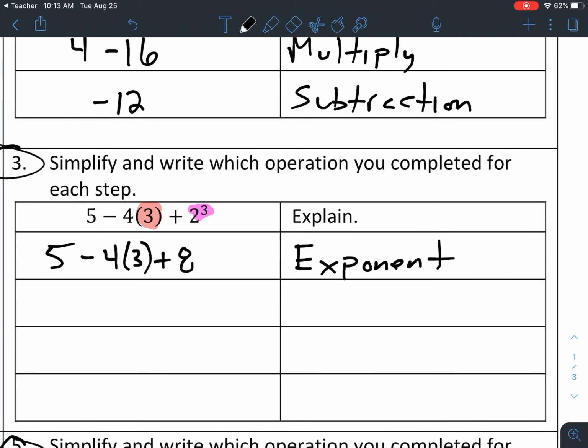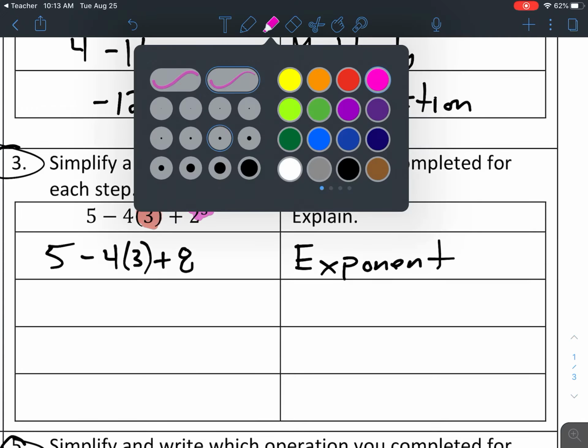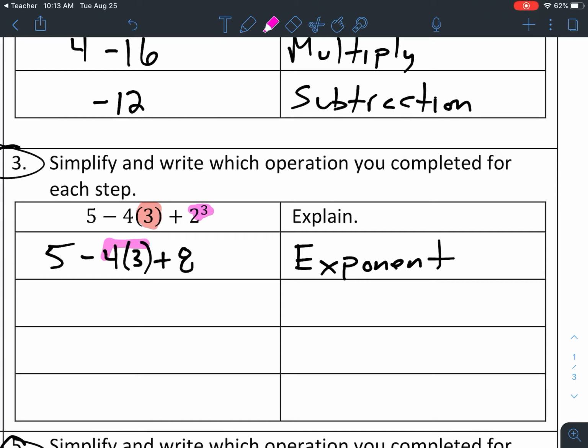So our next thing is we need to look at this spot right there, because that's a multiplying while the other ones are all subtraction. So negative 4, because we have to include that sign there because it's there. Negative 4 times 3, negative times a positive gives us a negative, leaves us negative 12 plus the 8 and a 5 right there.